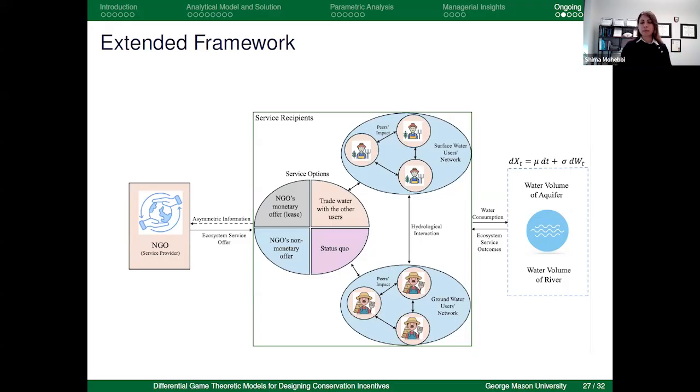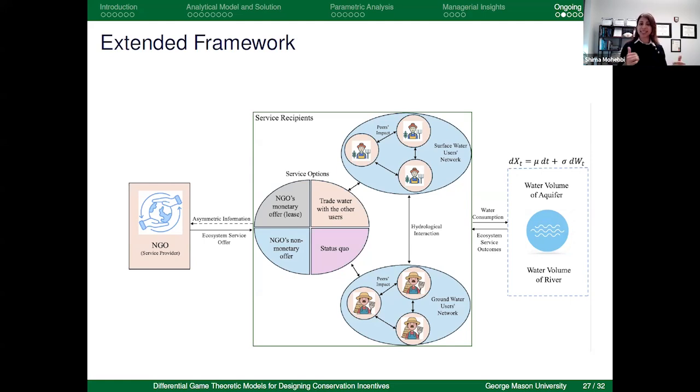So we extended the framework to incorporate asymmetric information and uncertainty related to water variability and demand, as shown in this slide. This system still involves two types of water users and considers a water permit trading system where each user holds their own water permit and is allowed to trade permits freely with their peers.